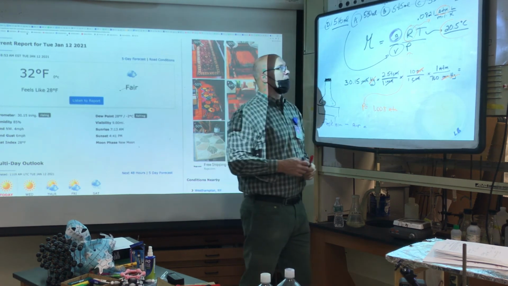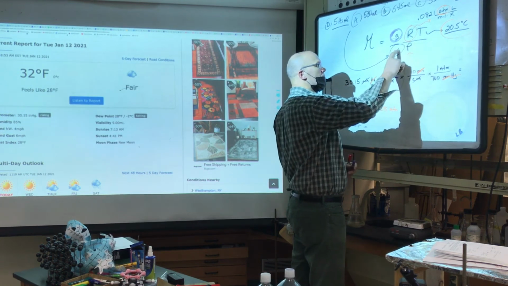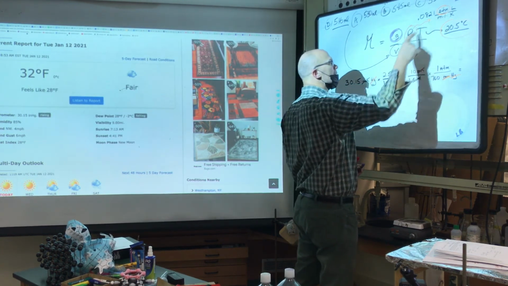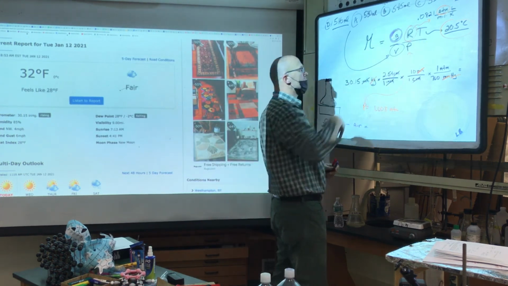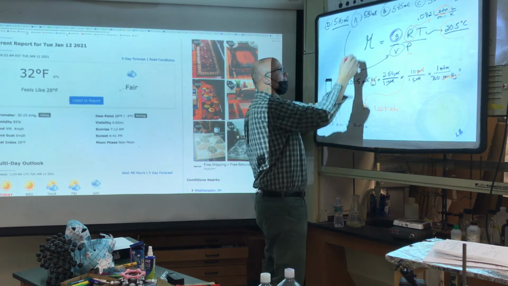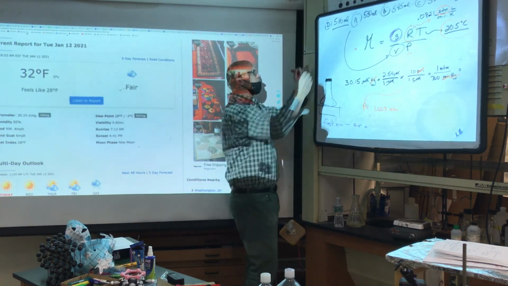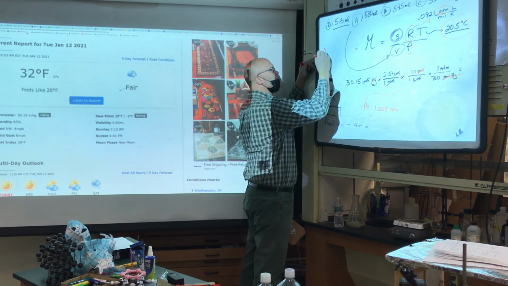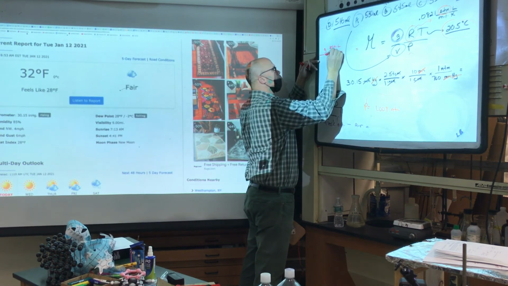grams. Use your R. Temperature has to be in Kelvin, volumes in liters, and of course our pressures in atmospheres, so everything should cancel to give you grams per mole. Molecular mass is grams per mole. So if you notice, this is going to be grams. This is going to be atmosphere liters per mole kelvin.